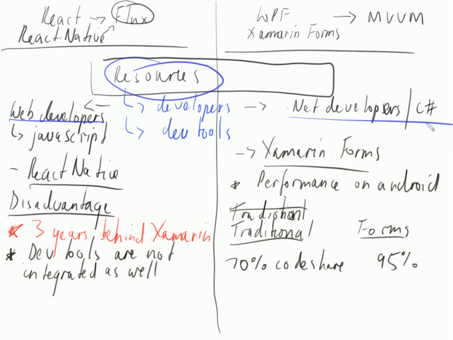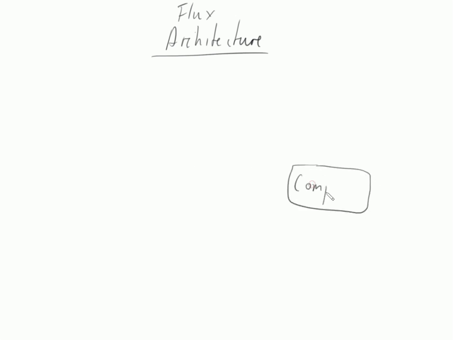Okay. Now, let's just clear this off. And next, we're going to look at what Flux is as an architecture. Okay, the Flux architecture, right? I'm going to make this very simple. It has components over here.